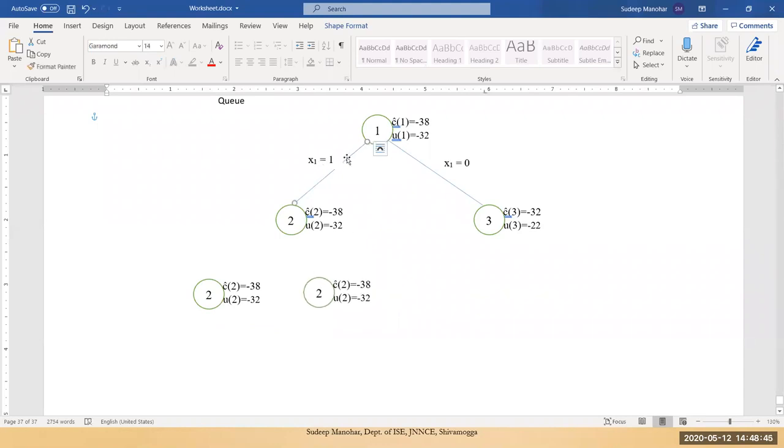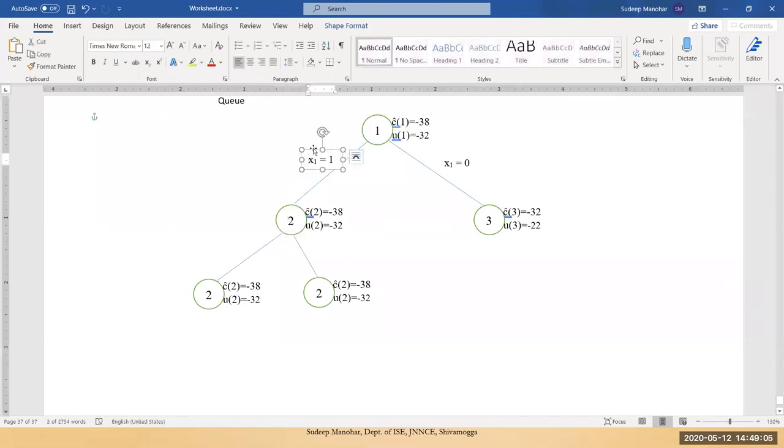And write the branches, and write the label.